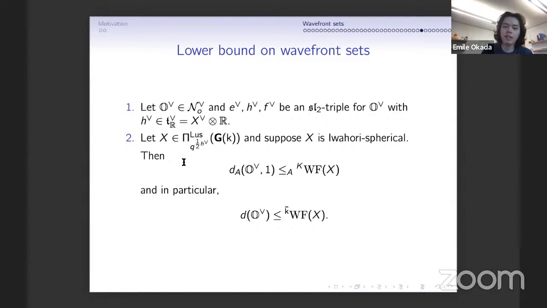So if X has infinitesimal character q^(1/2 H check), where q^(1/2 H check) plays the analogous role of the 1/2 H check in the complex case, then we have this lower bound on the canonical unramified wavefront set. And if you apply the projection map, we obtain a lower bound on the geometric wavefront set as well. So this exactly mirrors the complex case.